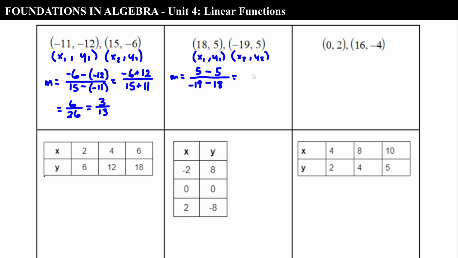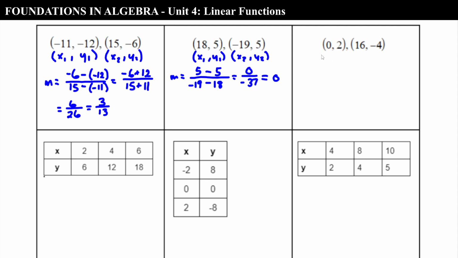And so 5 minus 5 is going to give us 0. And it doesn't really matter what's on the bottom here, but for the sake of finishing the problem, we're going to have negative 37 on the bottom. But this ends up just being 0. So our slope here is 0. And you know your slope's going to be 0 if your y's are the same value, because they're going to end up subtracting from one another.